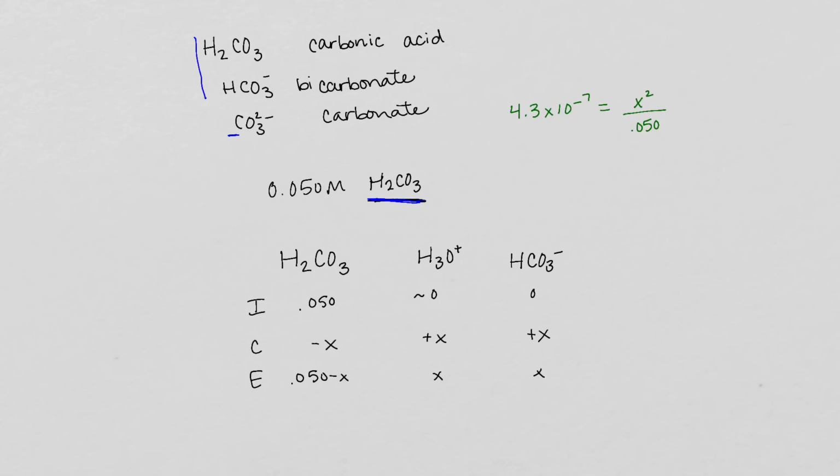So I look back at that table and I see that 4.3 times 10 to the minus 7 is the Ka for carbonic acid. And I can use my X is small approximation here. So I multiply this number here by 0.05, and then I take the square root of that, and I got X equals 1.46 times 10 to the negative fourth.